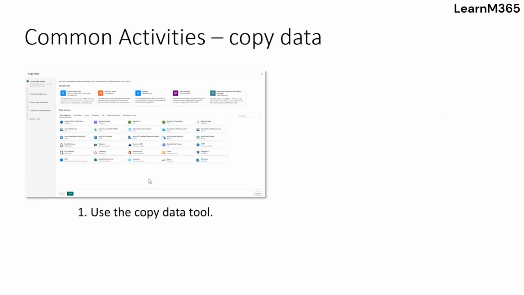When we add a copy data activity to our pipeline, a graphical tool takes you through the steps required to configure the data source and destination for the copy operation. And a wide range of source connections is supported, making it possible to ingest data from most common sources.